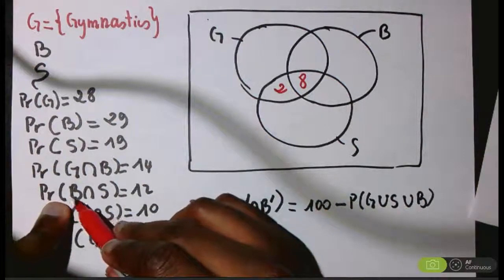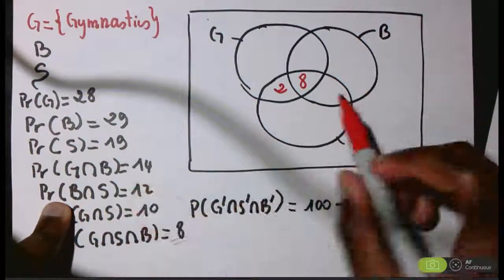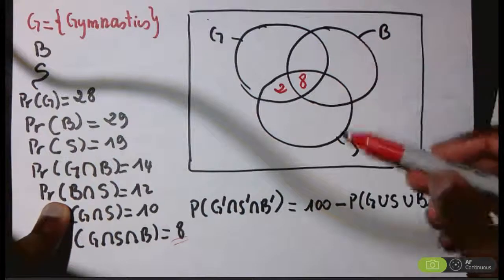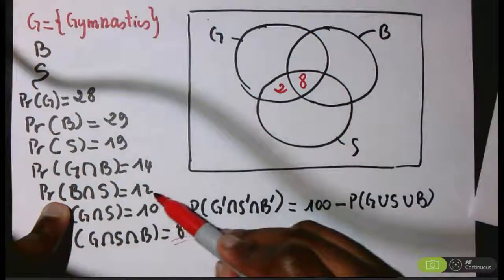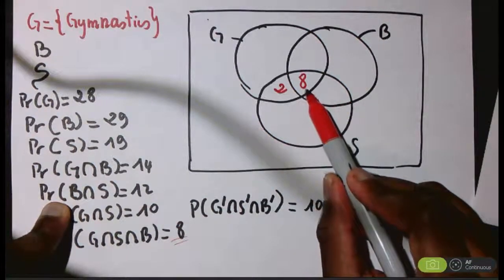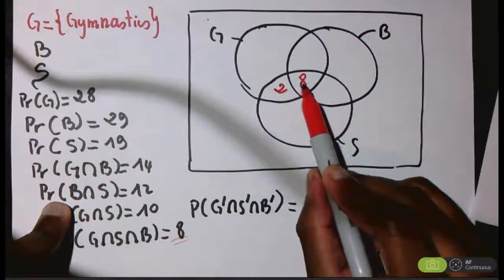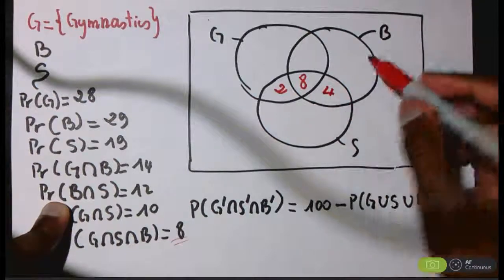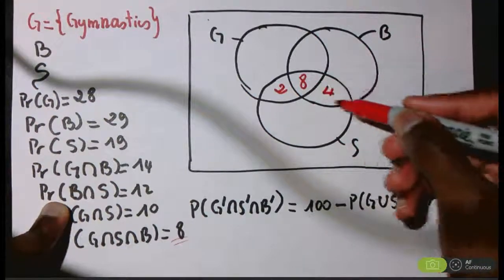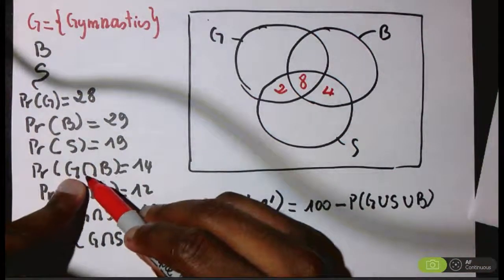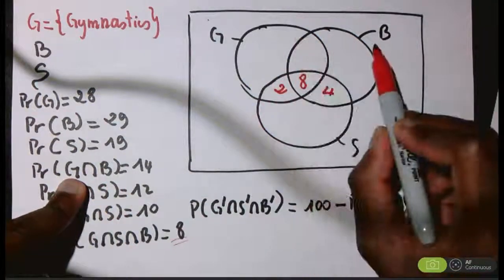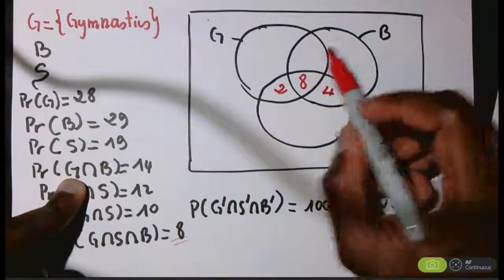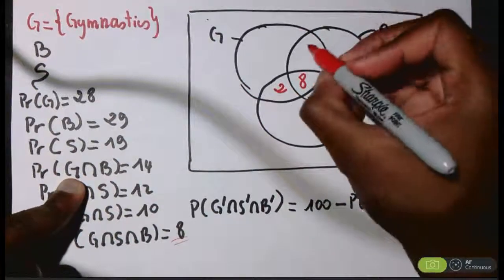The probability of B and S, baseball and soccer, is supposed to be 12. We already have 8, so we need 4 to get 12 in total. Next, G and B is supposed to be 14, so we need 6.